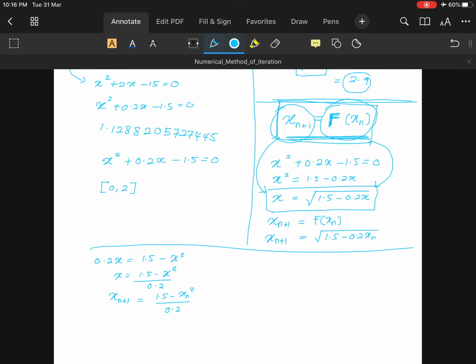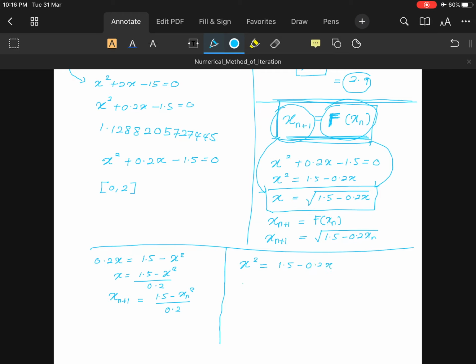Is there any more? Maybe we can also put x square equals 1.5 minus 0.2x.